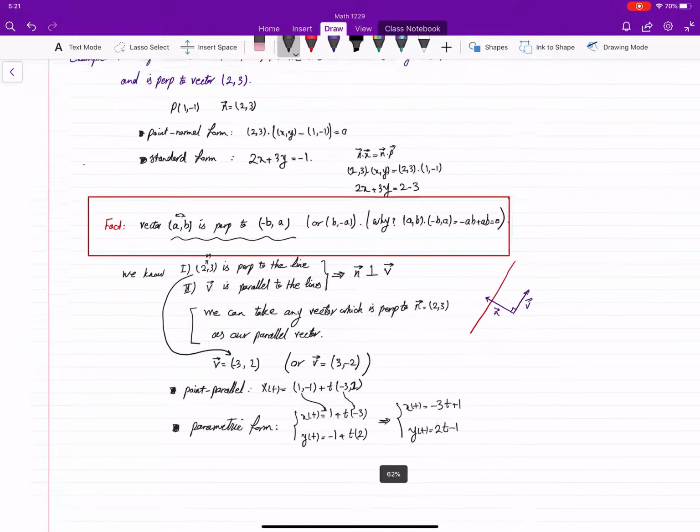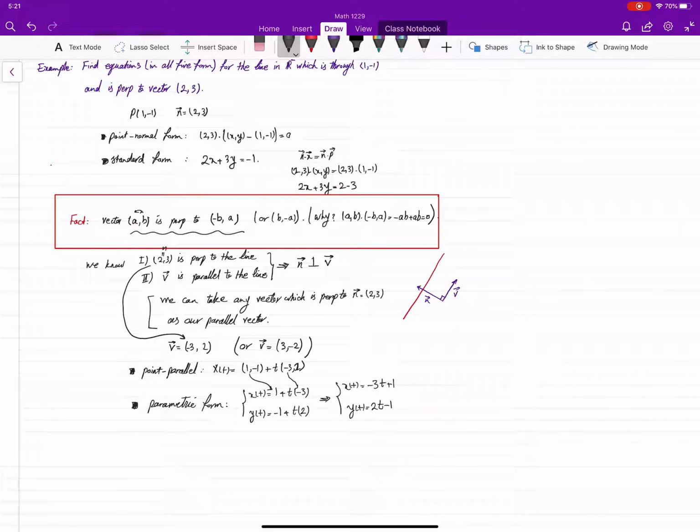Well, there is one more left, that is the two-point form. For finding the two-point form, we need another point. Remember, we did in some example for R3, you can use the point parallel form and set Q, the point given by x at 1. So Q is x(1), which is (1, -1) plus 1 times (-3, 2).